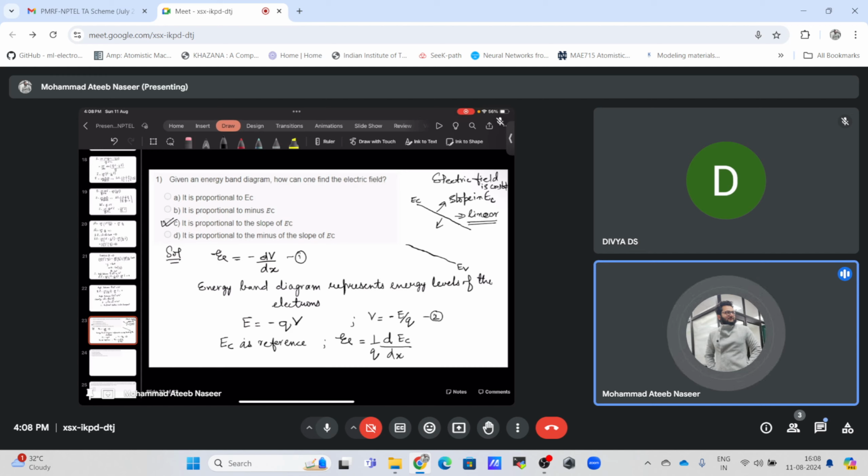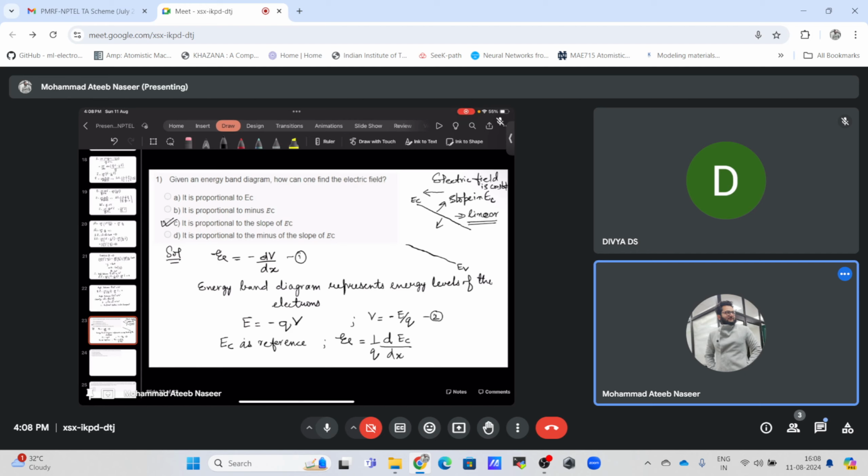Similarly, the direction of the electric field is like this. Electric field points upwards. So the direction of the electric field in the energy band diagram I have drawn over here is like this.